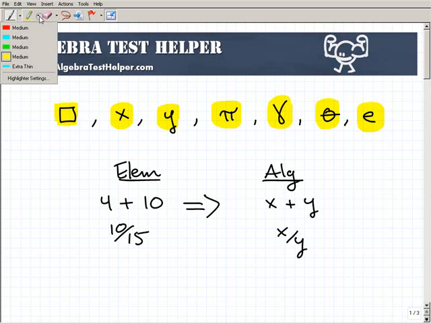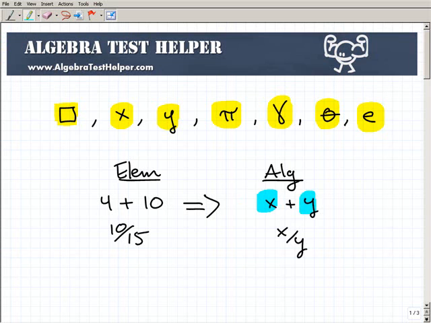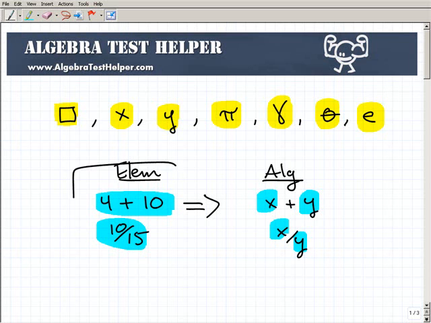But remember, these symbols or letters still represent numbers, and that's why, as a teacher, I'll often look back at a student's history, and if they didn't do well in elementary school, they're definitely not going to do well in algebra. Because really, algebra is like doing arithmetic, but with variables.